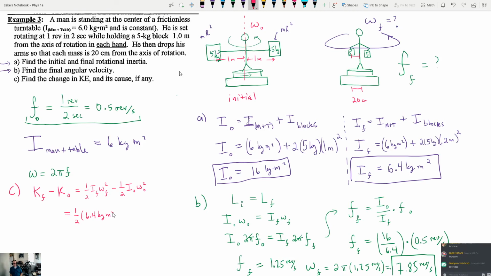I think it's always a good idea to think about what you expect an answer to be before you do it. Oh, whoops, this is a mistake down here. Sorry about this. I'll put it in a different color when I fix it. This should have been 7.85 radians per second. Okay, omega final squared is 7.85.